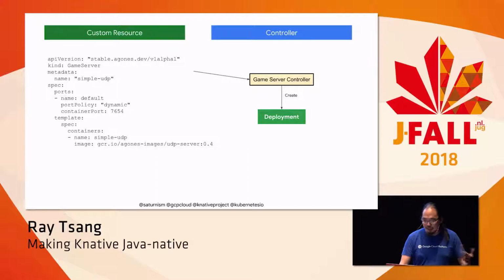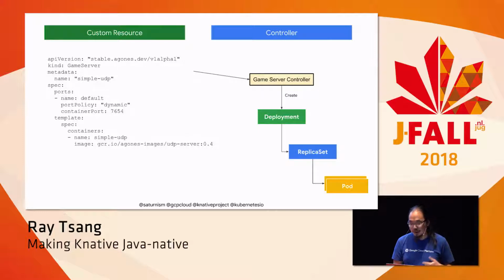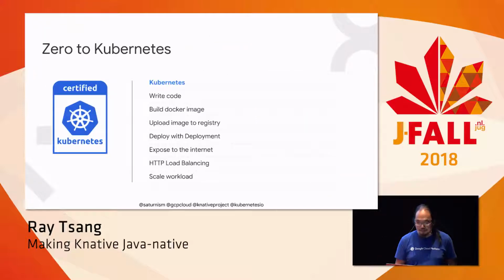And so indirectly, the game server could say, oh, based on this definition, I need to go ahead and create a deployment document. And then the deployment document will create a replica set document, and so on and so forth. It's going to create a pod document. And then eventually, everything will be running on the machines. Okay? That is the gist of the basic, fundamental constructs that Kubernetes has and that allow you to extend it.